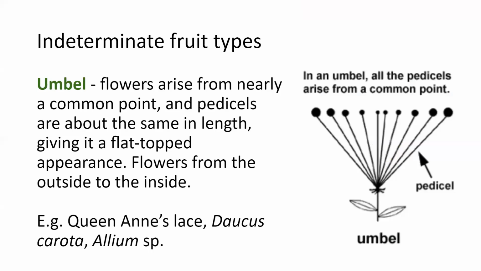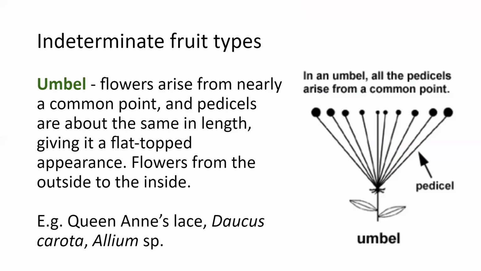So let's look at umbels. So this is where you have a central point, and the flowers arise from this central point, and pedicels are about the same length. And so what that results in is that the infructescence or inflorescence has kind of a flat top to it. And there's lots of examples of these.